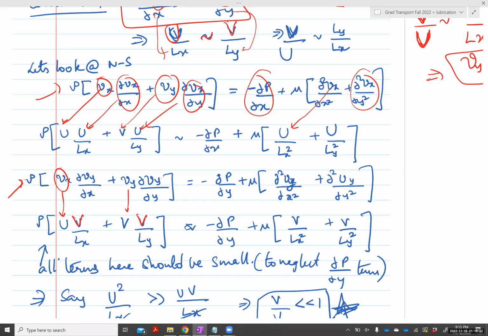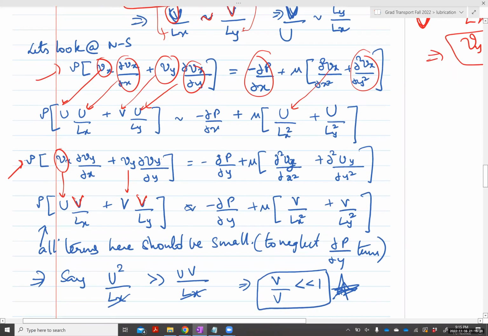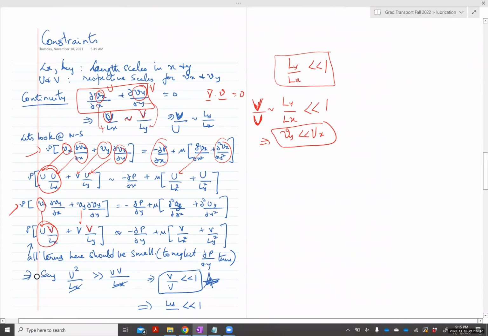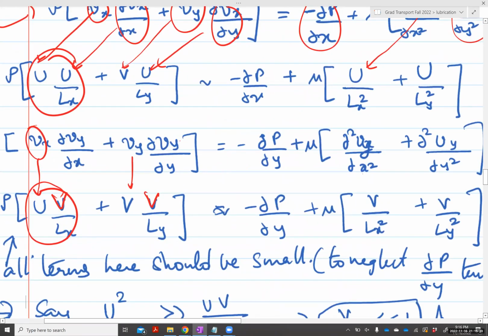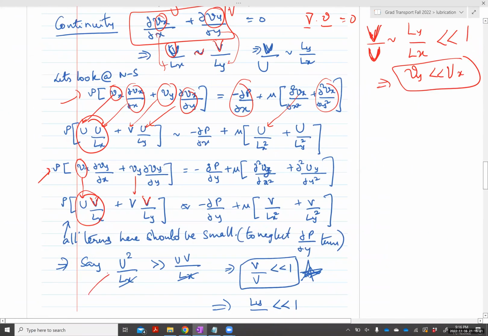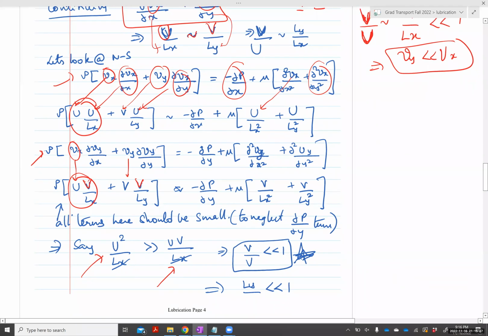Before you look at the x Navier-Stokes, it's easy to show that the magnitude of the terms in the y Navier-Stokes is much smaller than those in the x. For example, let's take these two terms, that's 1 and that's 2. U squared over Lx is the term in the x Navier-Stokes. UV over Lx is the term in the y Navier-Stokes.